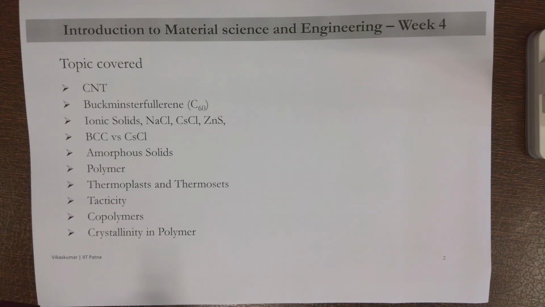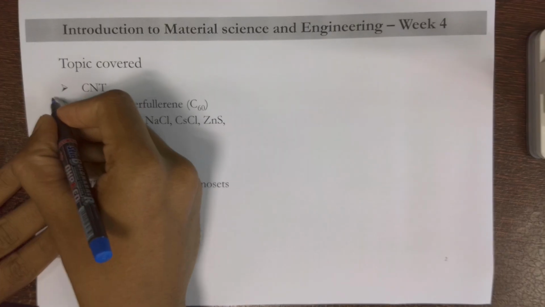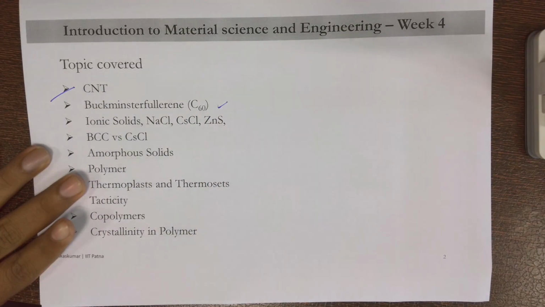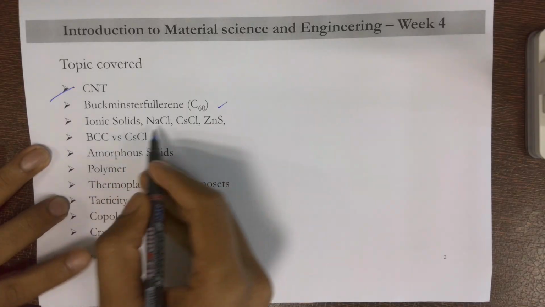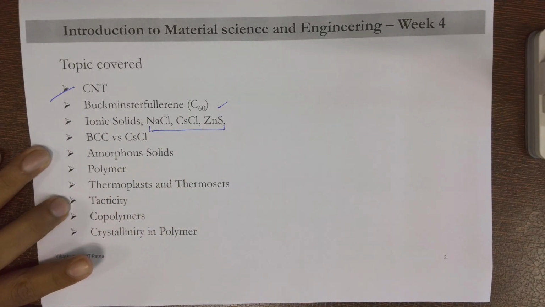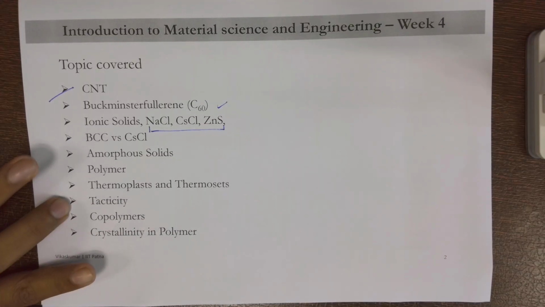They are as follows. We discussed the carbon nanotube. We discussed the C60 Buckminster fullerene. Then we discussed the various ionic solids, NaCl and ZnS.